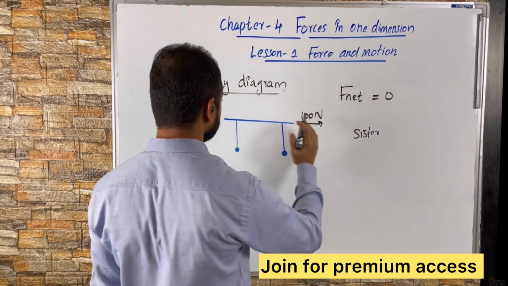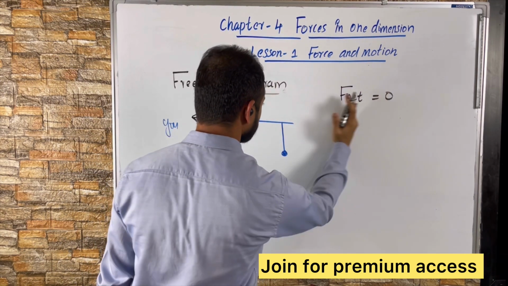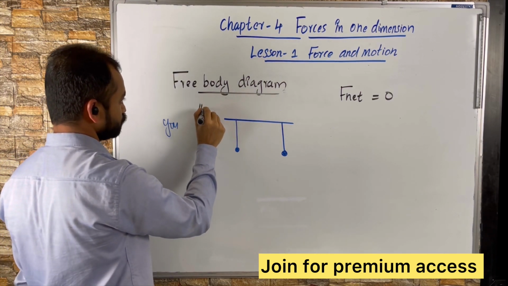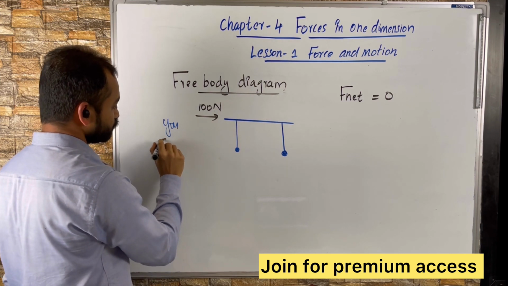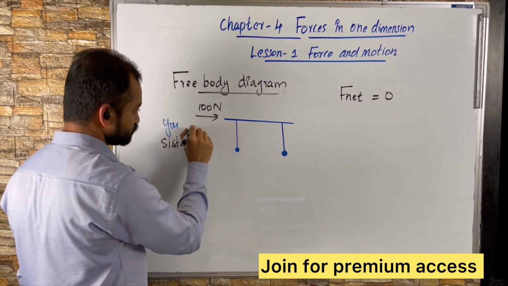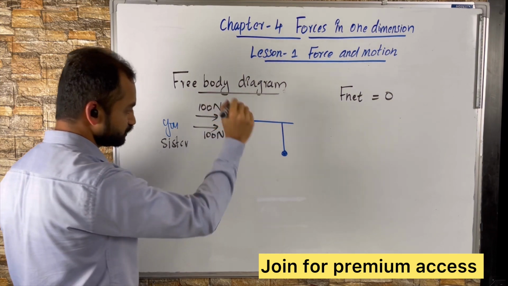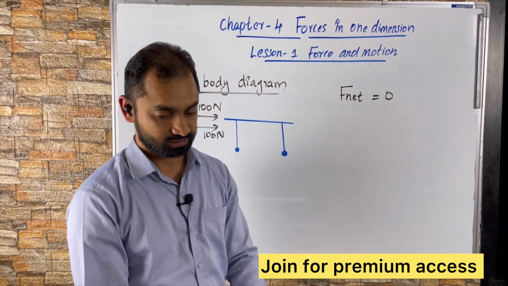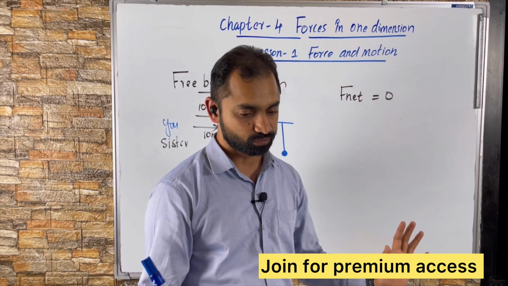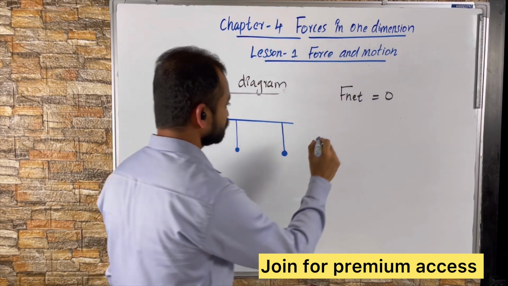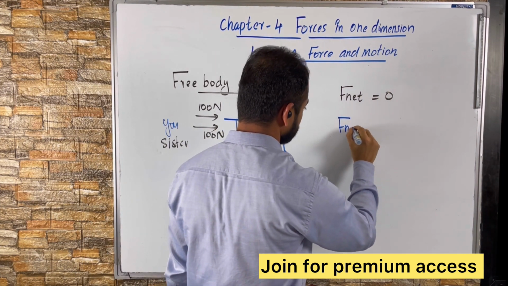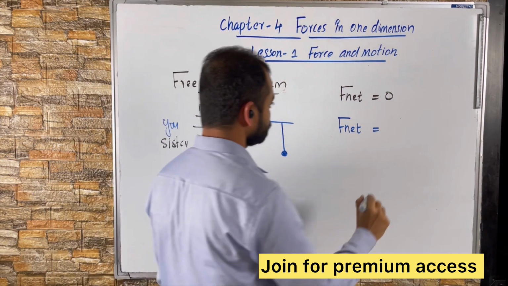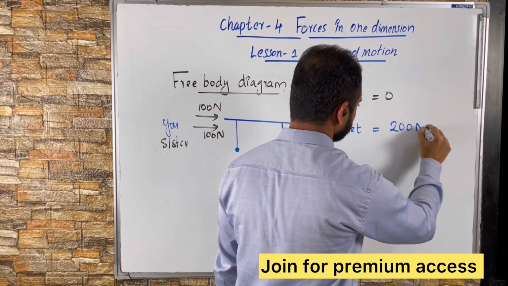Okay. Then second, you are here, pushing this table with a force of 100 Newton, and your sister is also pushing the table with a force of 100 Newton from this side. Now will the table move? Yes, if it is not very heavy, it will move. So what is the net force acting on the table? 200 Newton, right?